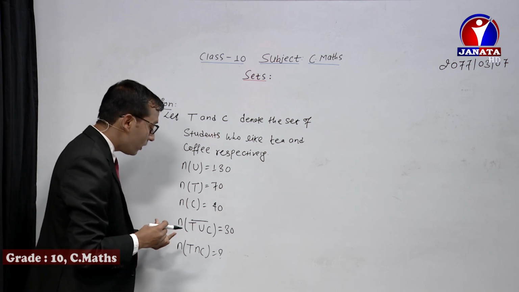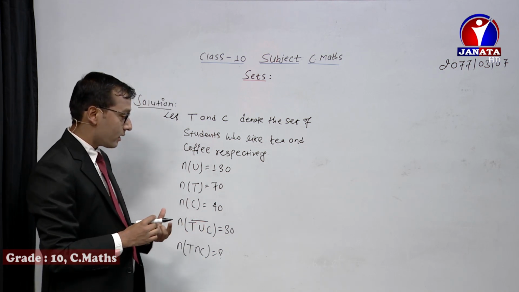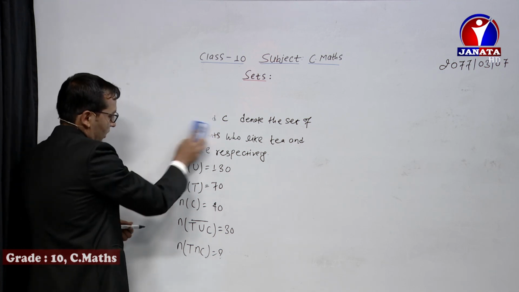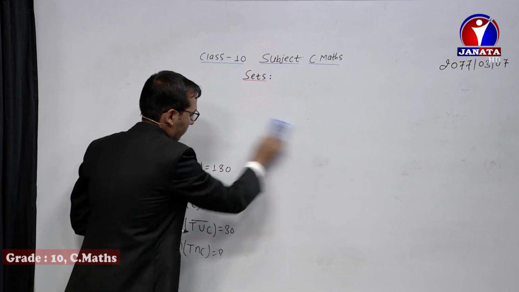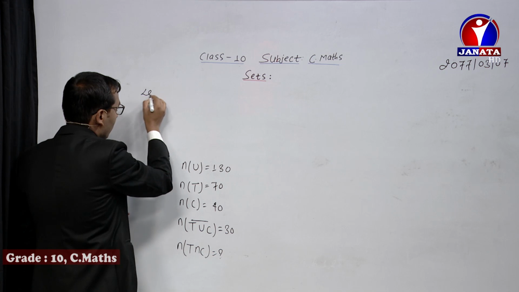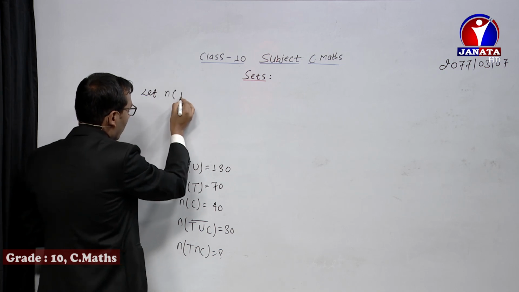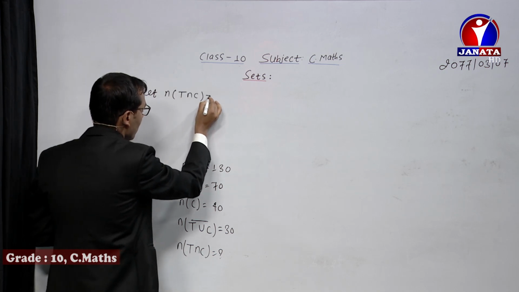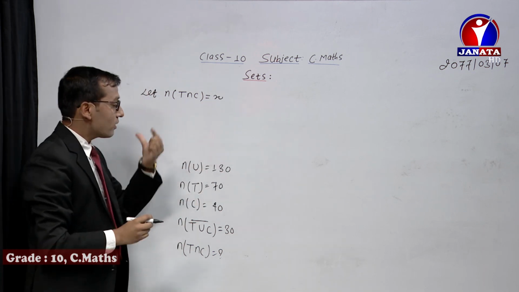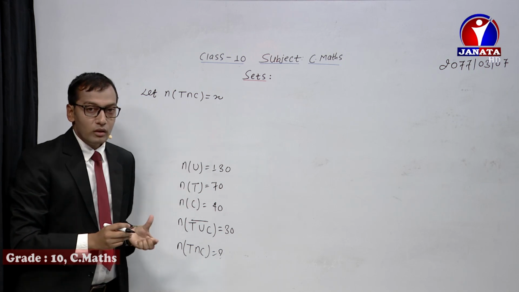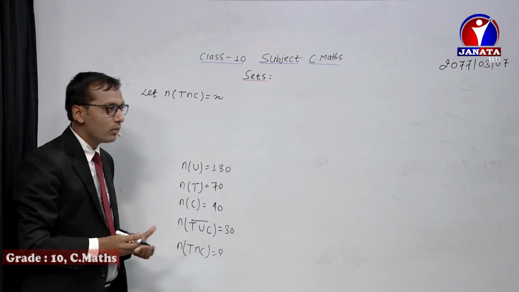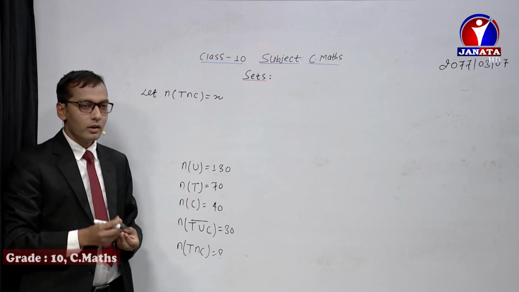So I'm supposing here that the intersection of the two subsets is X. So let n of T intersection C be X. Now we have all the information, so we can draw a diagram, insert all these numbers in it and solve for X.